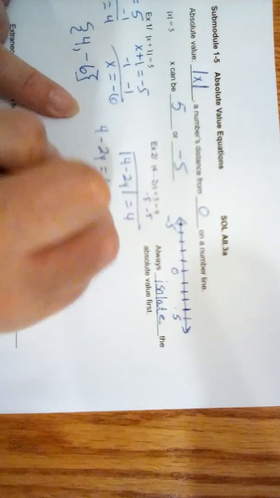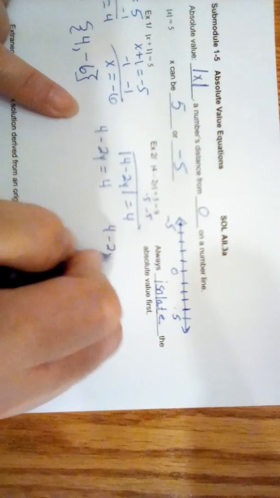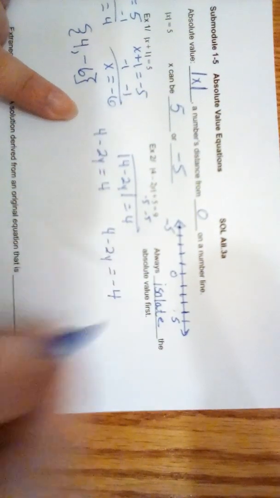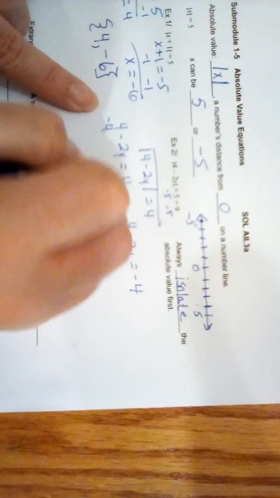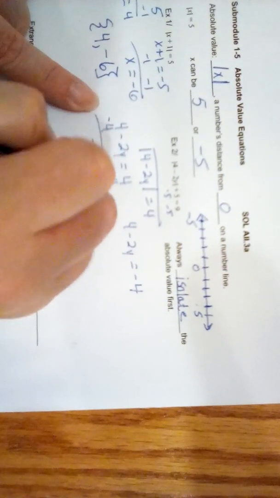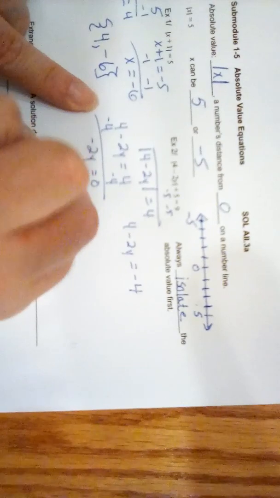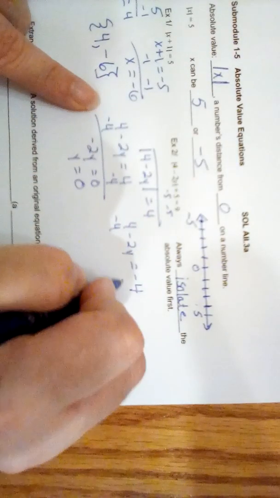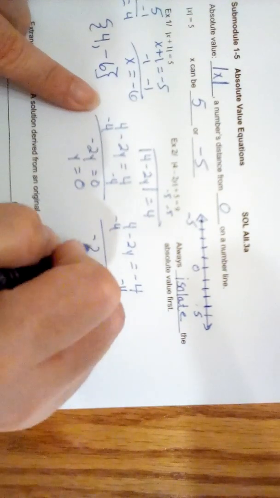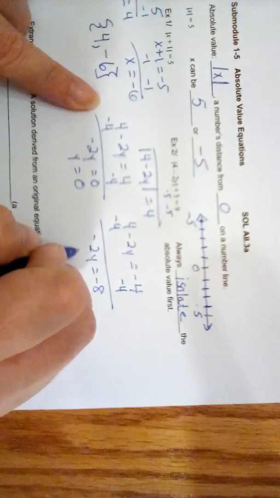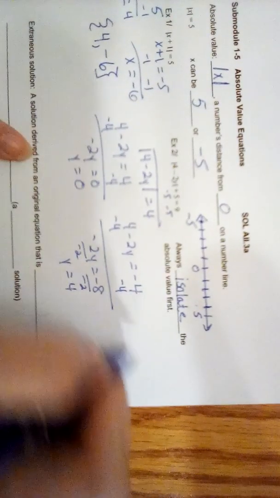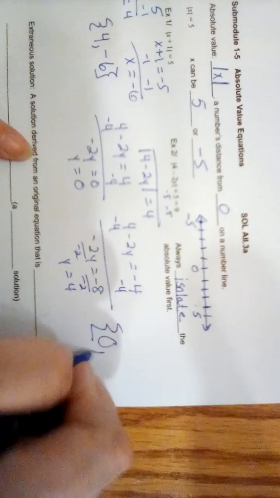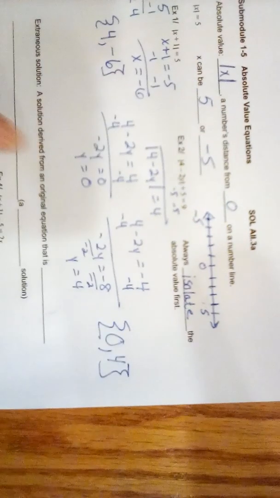So it's either equal to 4 or it's equal to -4, and you're just going to solve the equation. Okay, so we have y is either 0 or it is 4.